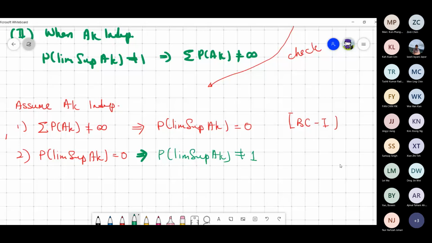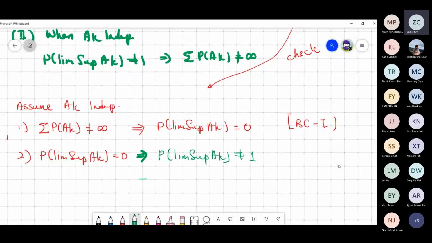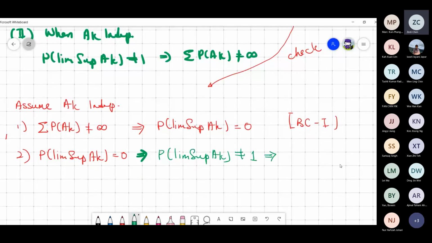But according to here, when this is not 1, then this must be not infinity. So this will imply that this is not infinity.